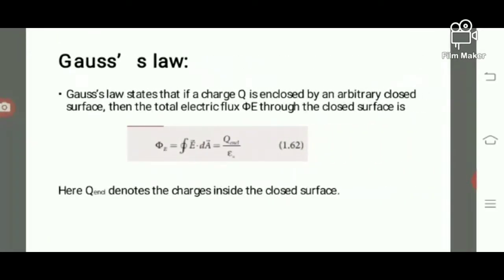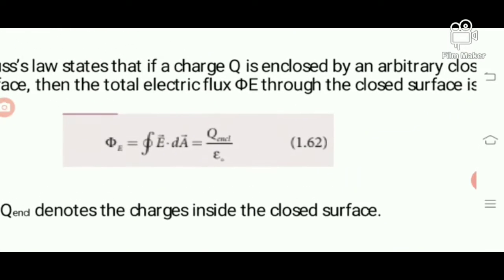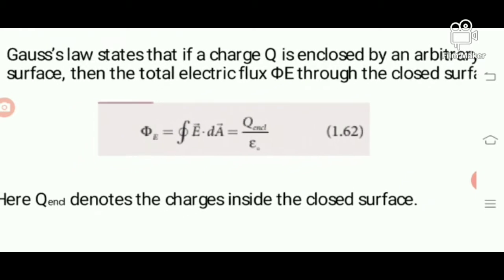Now Gauss law. Gauss law states that if a charge q is enclosed by an arbitrary closed surface, then the total electric flux phi E through the closed surface is phi E equal to the closed surface integral of E vector dot dA vector, equal to q enclosed divided by epsilon naught.